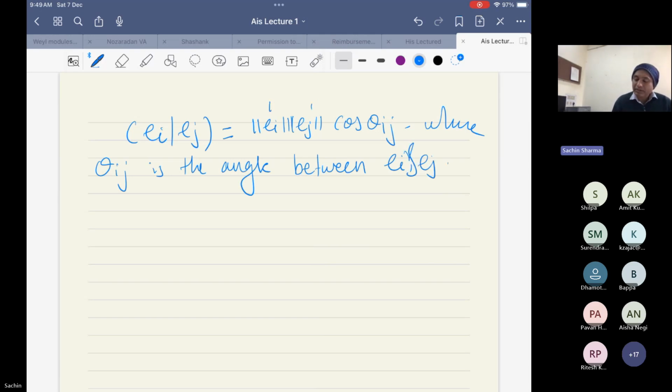These are all one, so you will have cos theta ij. Okay, and we know what is their angle.